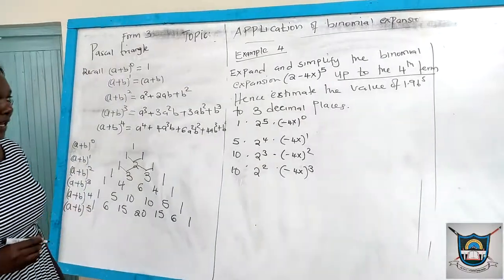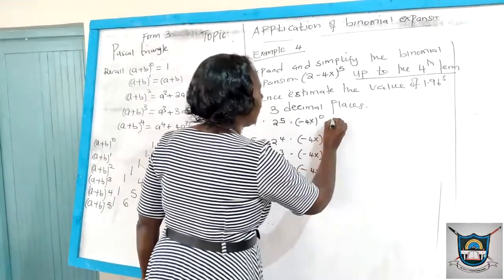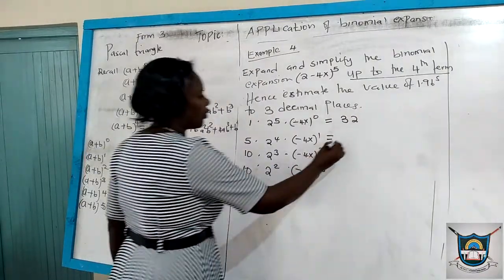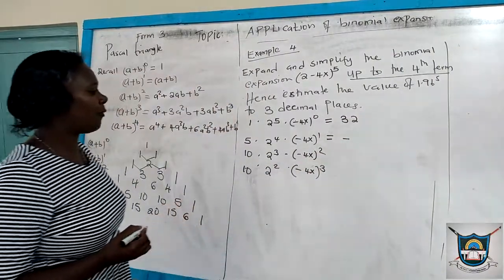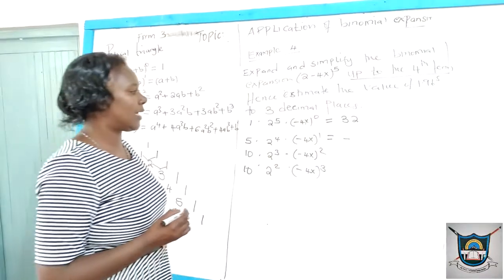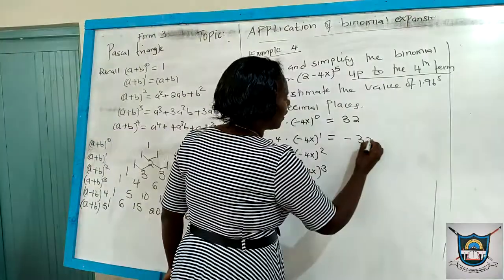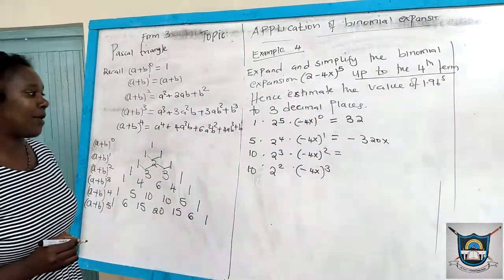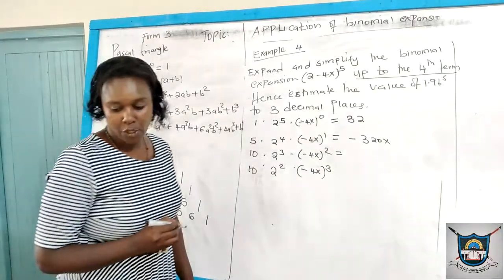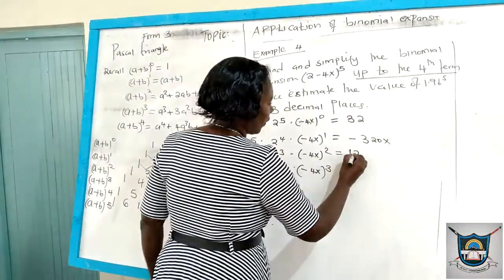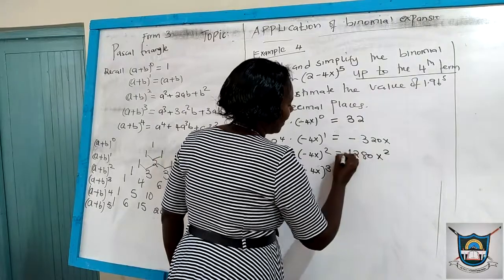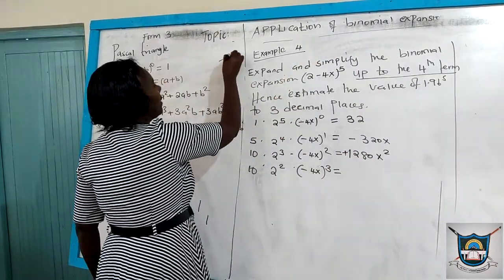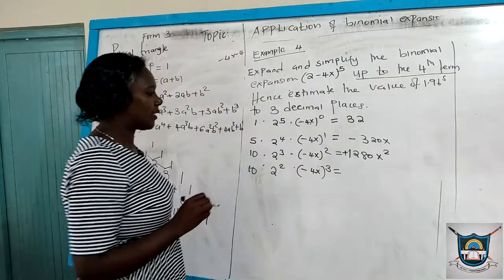Now we multiply that. Once we multiply, the first one will give us 32. This is subtraction, so it will be minus. The second one, 2 to the power 4, 16 times 5, 80. 80 times 4 will be 320, so it will be 320x. The third one will give us 2 to the power 3 is 8 times 10 times 16, which will give us 1280x squared. That is plus, because negative 4 times negative 4 gives us a positive 16.